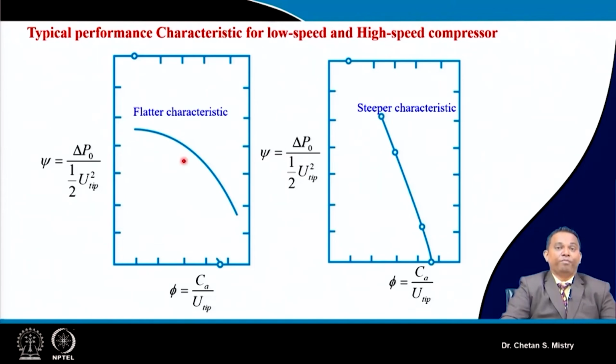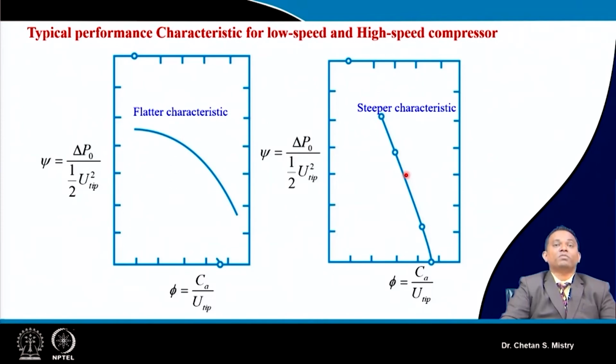So this is the meaning of flatter and steeper operating characteristic. In the same way, the stall margin for a subsonic compressor is larger, and the stall margin for a transonic compressor is lower. Now why this is happening is of our interest.